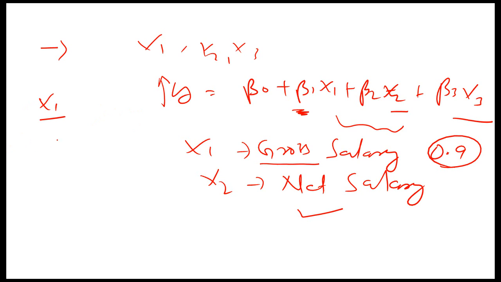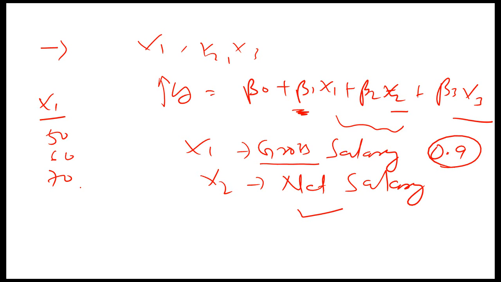A particular student has scored 50 marks in the first semester or first year, 60 marks in the next, then 70 marks. So the same student and his marks in different time periods.